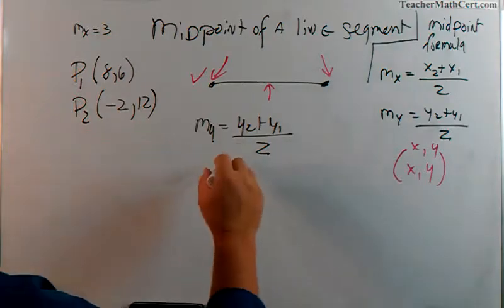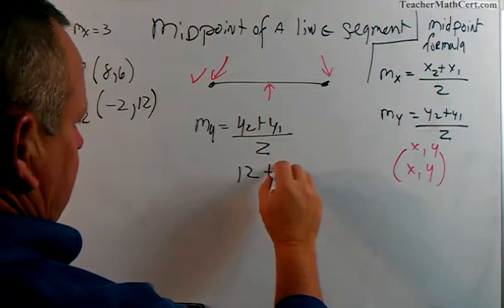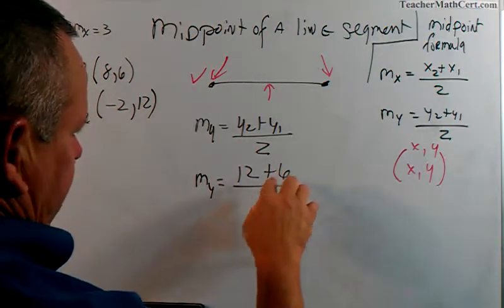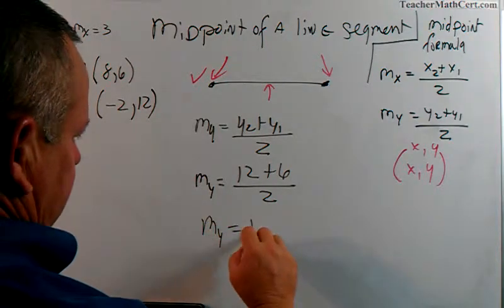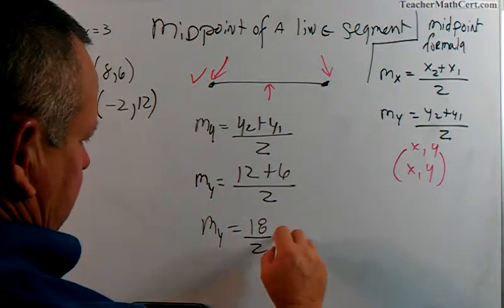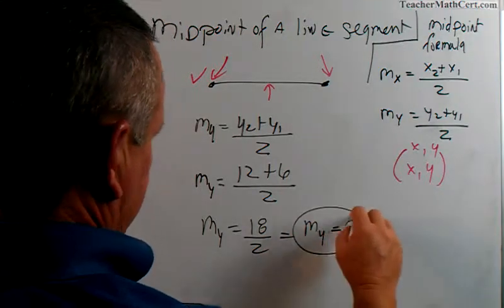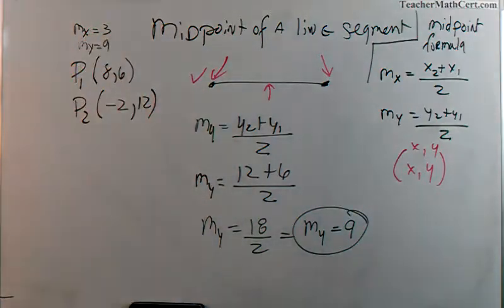Y sub 2, 12 plus y sub 1, 6 divided by 2. M sub y is equal to 18 divided by 2. Now, let me slow down here a little bit. 18 divided by 2. M sub y is equal to 9.